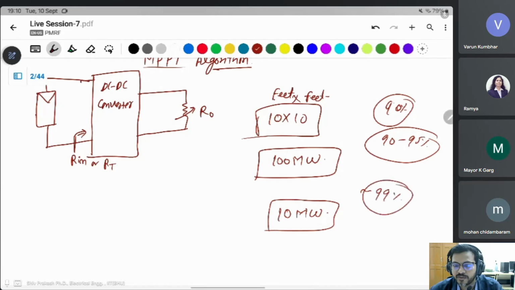In practical cases, a 98% or 99% efficient converter is used in grid systems, because there is huge power. You can't afford a loss of 10 megawatt out of 100 megawatt. 10 megawatt is a huge loss.